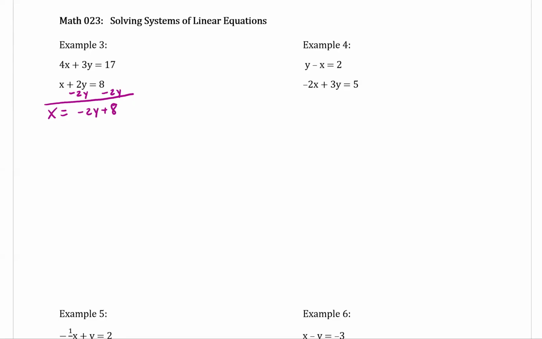Now I'm going to substitute in -2y plus 8 in the first equation for x. So this x is coming out, and I'm plugging in -2y plus 8. I'm going to distribute, combine like terms, and solve for y.